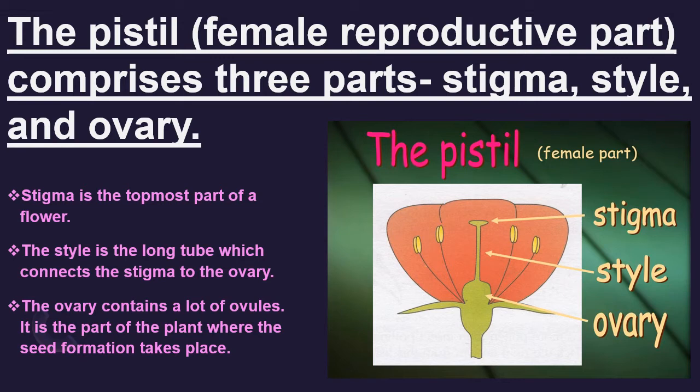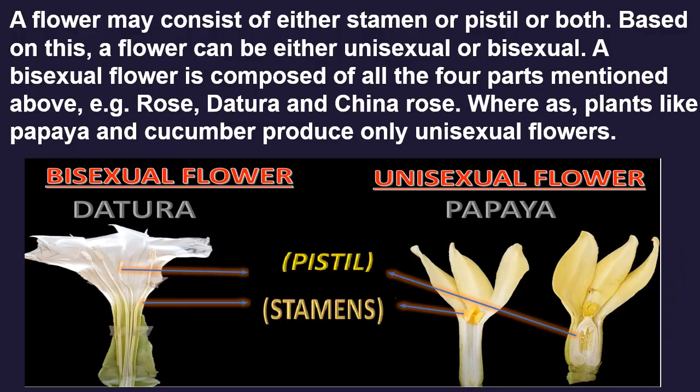Now comes the ovary, and it contains a lot of ovules. This is something very important. It is the part of the plant where the seed formation takes place, because the seed also has to be made. So inside this is the seed which is made. A flower may consist of either stamen or pistil, or even both.